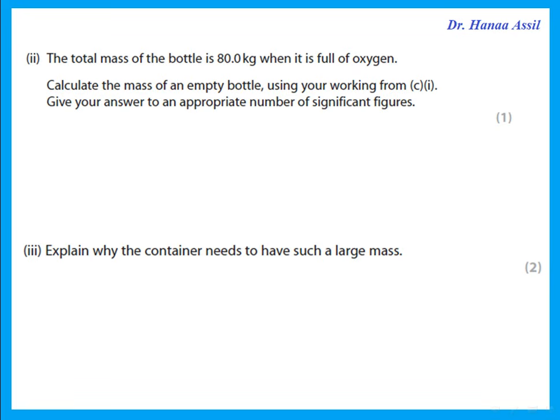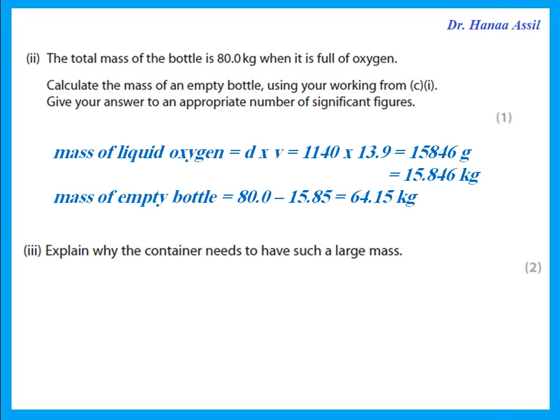The total mass of the bottle is 80 kilograms when it is full of oxygen. Calculate the mass of the empty bottle using the mass that we calculated of oxygen. So he says the total mass of the bottle plus oxygen is 80, and the mass of the liquid oxygen was 15.85, then the rest of the 80 is the mass of the empty bottle.